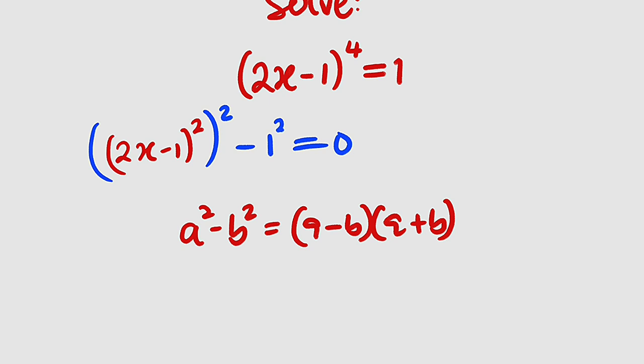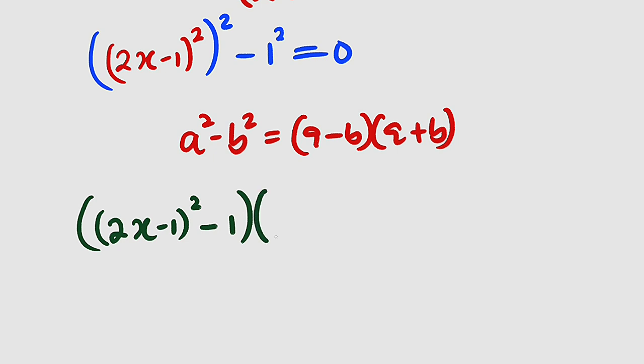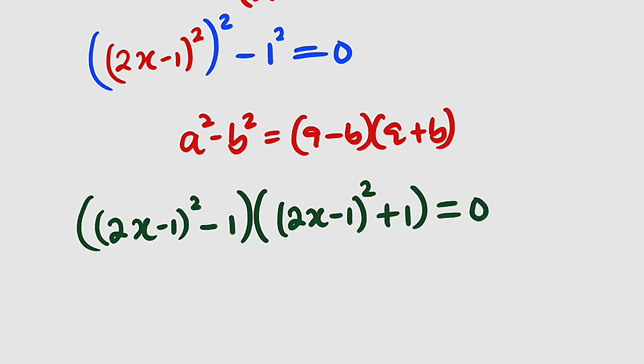So let's apply the idea here. We have ((2x - 1)^2 - 1) multiplied by ((2x - 1)^2 + 1), the whole of this equal to 0.